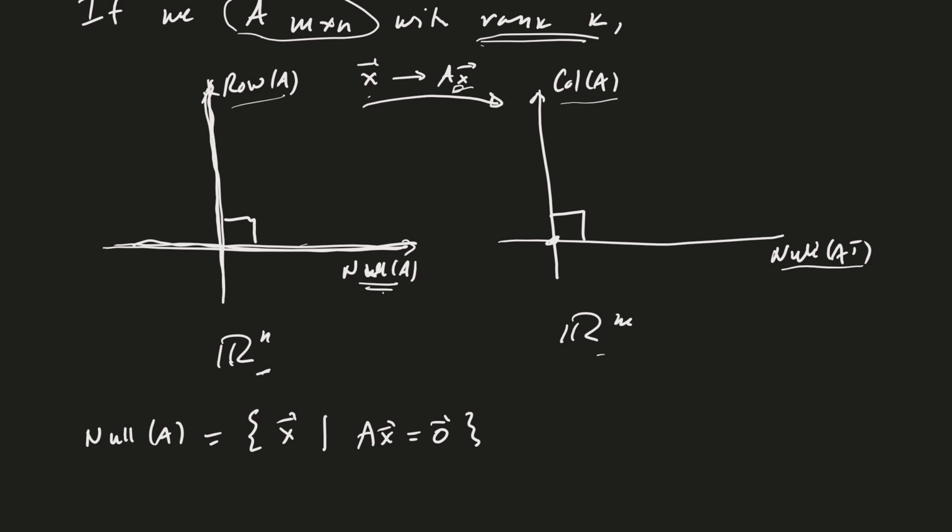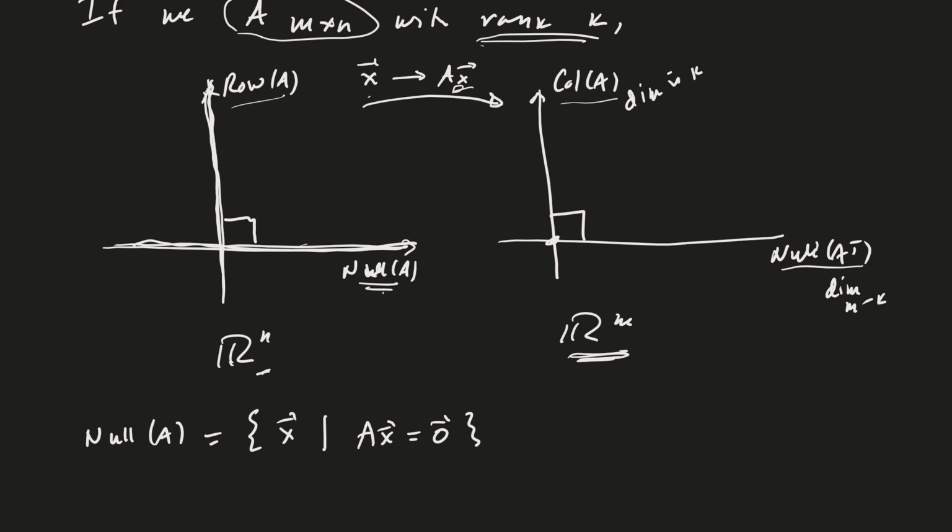The rank of the matrix is the dimension of the column space, and so automatically we get that the dimension of the column space of A is k. And so if this is Rm, then the dimension of the null space of A transpose would have to be m minus k. Good. Now, the dimension of the column space is the number of pivots in your reduced matrix, right? The RREF of your matrix A.